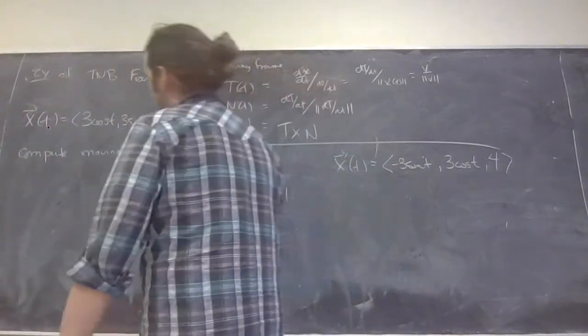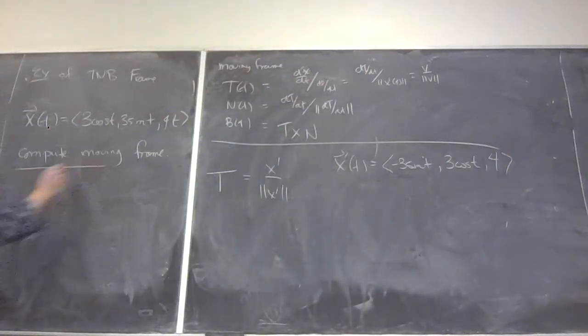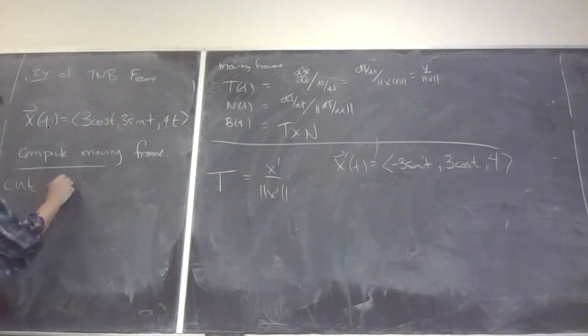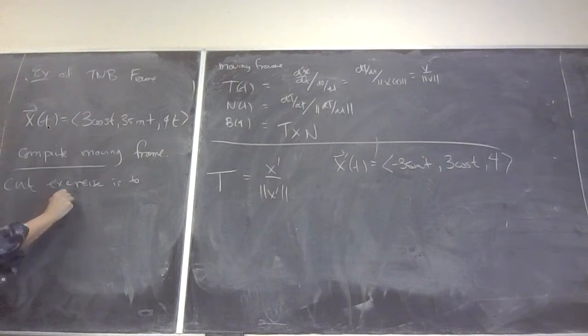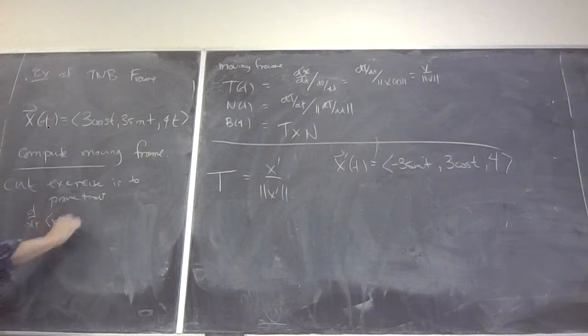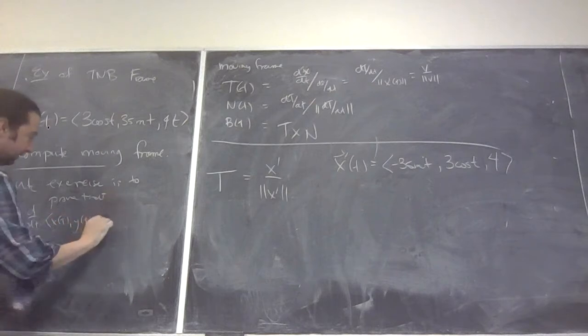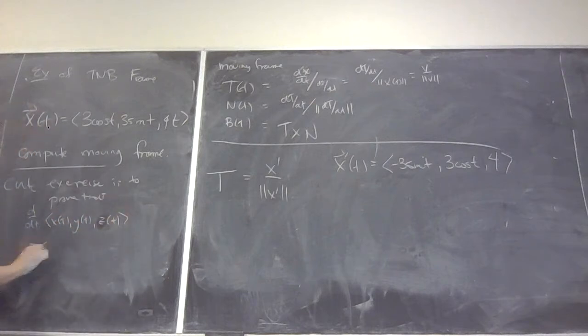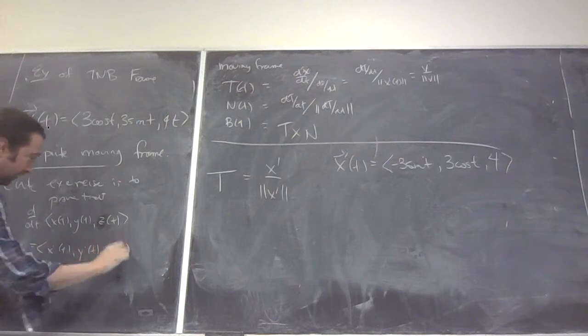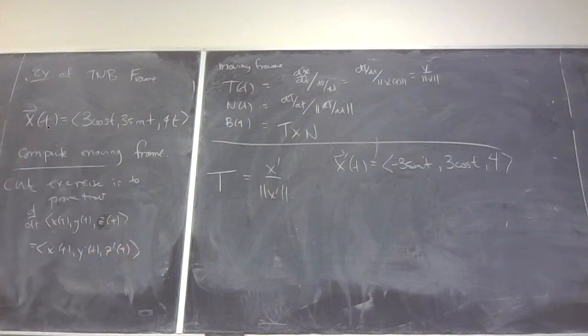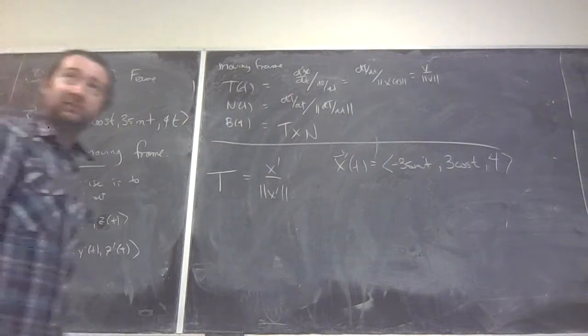For the math majors in here that are bored and don't have enough math to do, a cute exercise is to prove that d by dt of x of t, y of t, z of t is equal to x prime of t, y prime of t, z prime of t. And I know all you guys have nothing better to do than write down limit definitions of derivatives in your spare time, but it's a thing you could do.